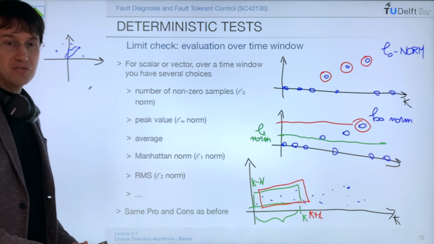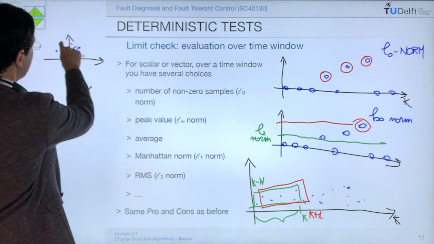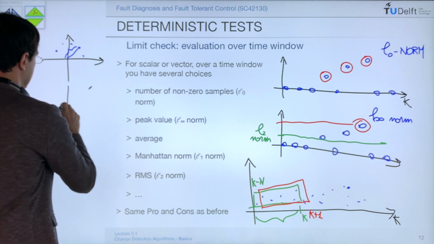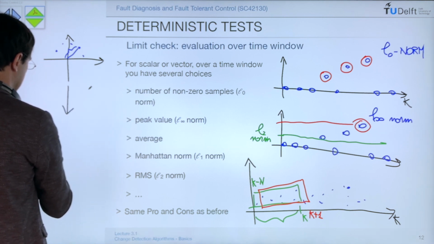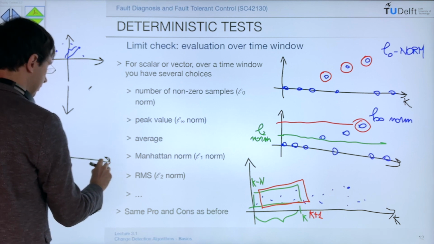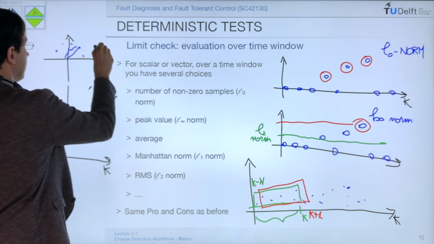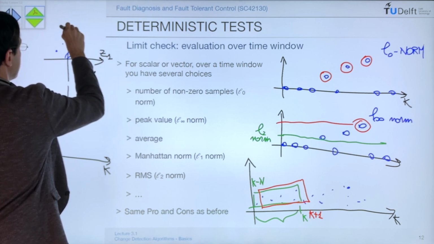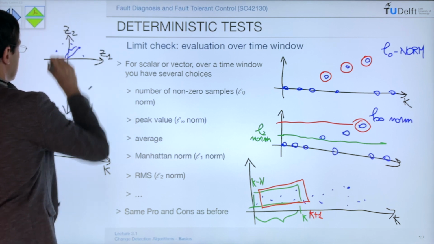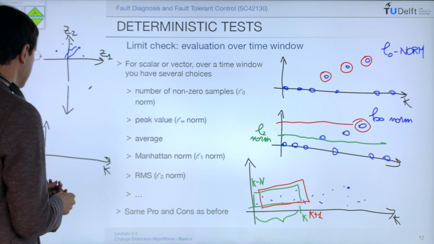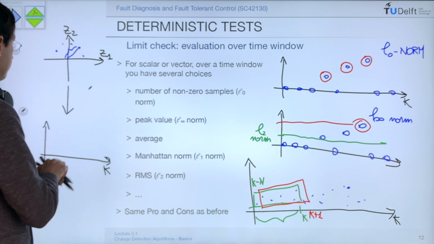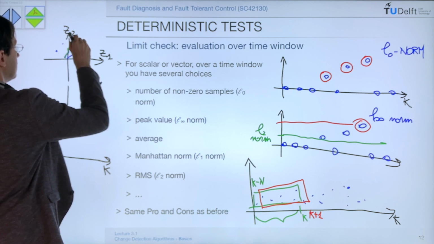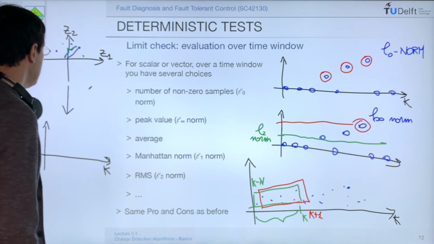And if you do it for the orbit at different times, what you get is again a signal. So we have the time index k here. Here we had z1 and z2. Now we are getting, so let's use different colors, the green for this norm.